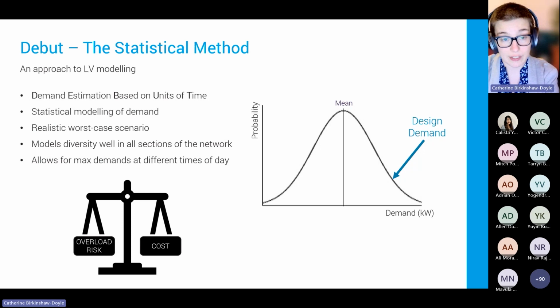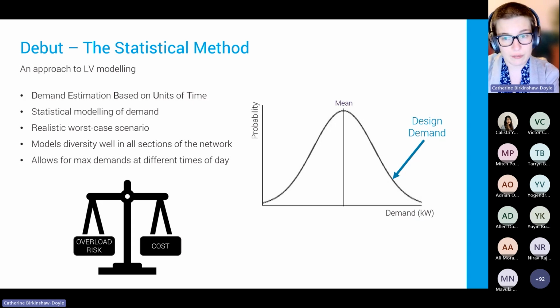And this allows modelling of diversity as well as the coincidence of times of maximum demand. Typically, the 90th percentile demand is used as the design demand for a network. This is essentially a realistic worst case scenario. It's something the network's actually likely to see during its lifetime, during a particularly bad stormy cold winter, for example.